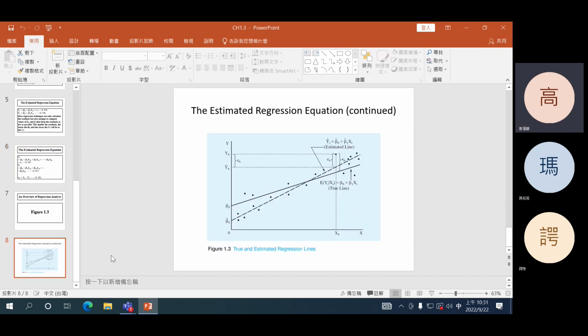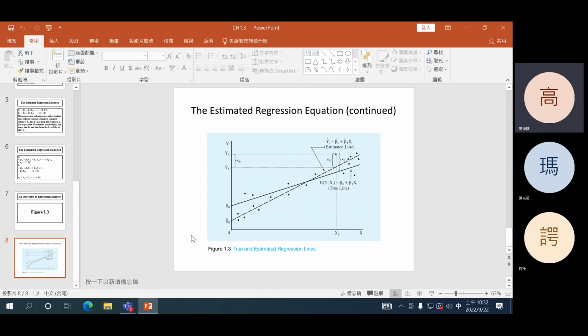So this is the diagram which I showed on the blackboard. But if you look at the textbook, look at this one. These are the dots. According to this chart, there's a positive relationship between X and Y, right? Look at all these dots, and the dashed line is the estimated line.